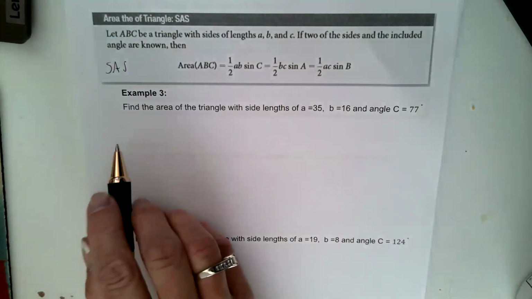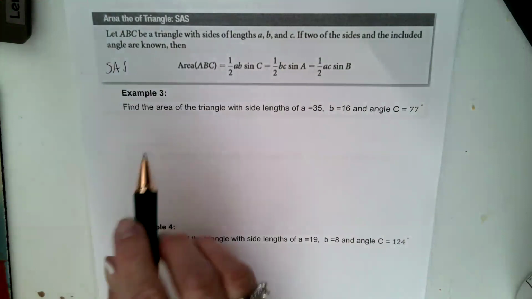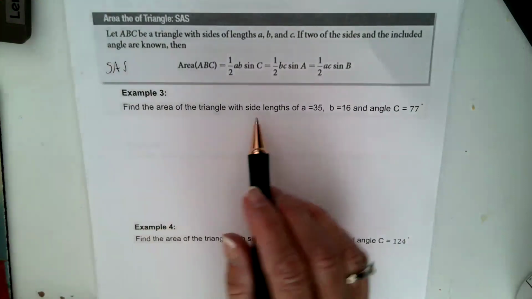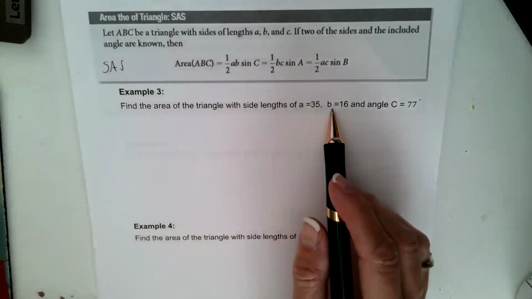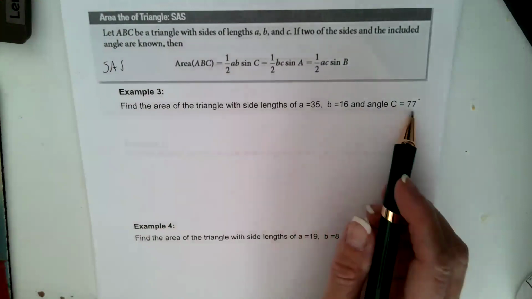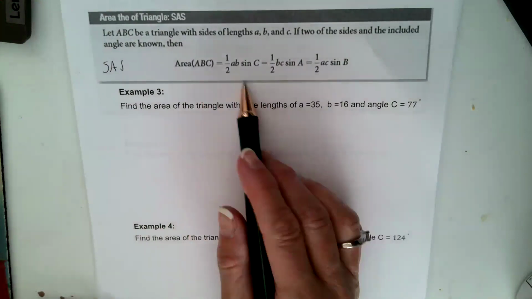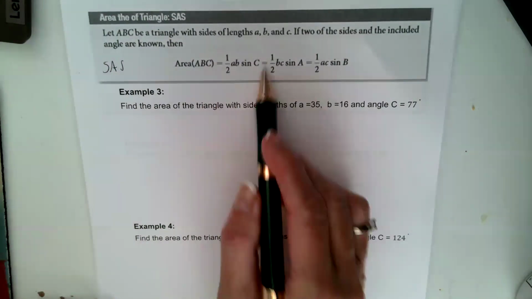And so it says find the area of the triangle with the side lengths of A 35, B 16, and angle 77. Okay, so we're going to use this right here.